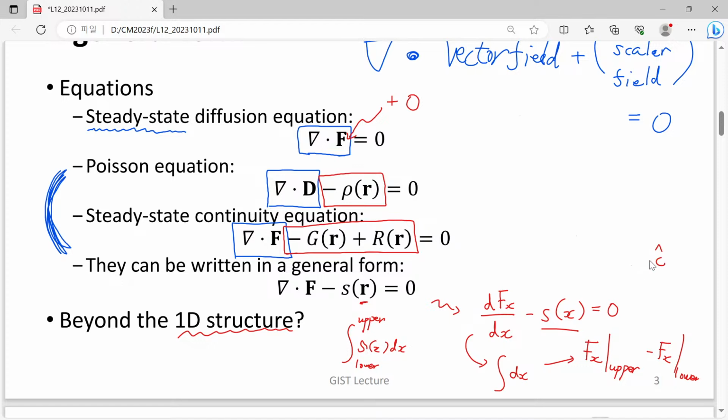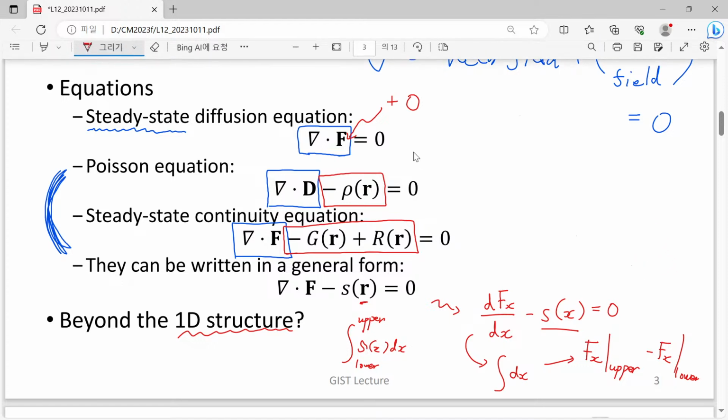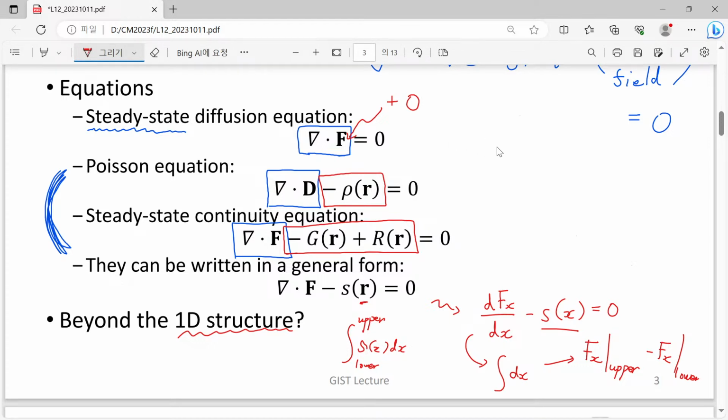divergence of f is matched to the source term, but anyway that can be written in quite a simple form, like in the case of 1D.